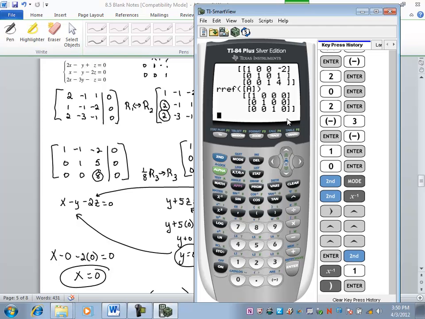Alright, so notice in these last couple examples that we've had a unique solution. The first example that we worked, our solution was negative 2, 1, 4 for the x, y, z. In the example we just worked, our solution was 0, 0, 0. And now we're going to look at a system that has an infinite number of solutions.